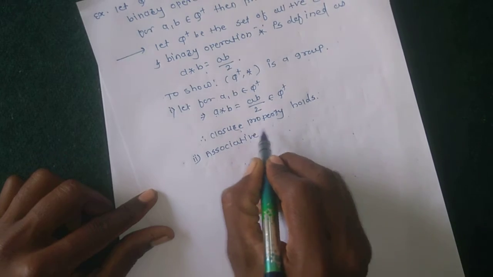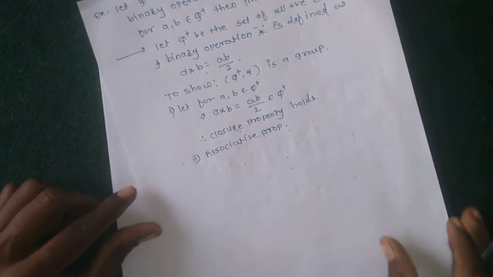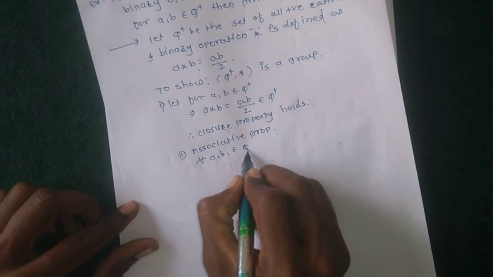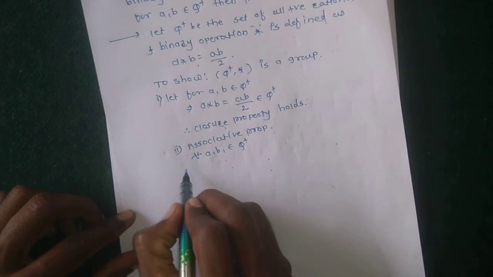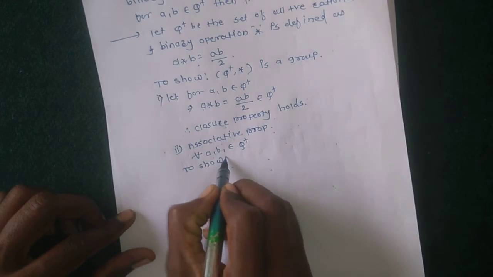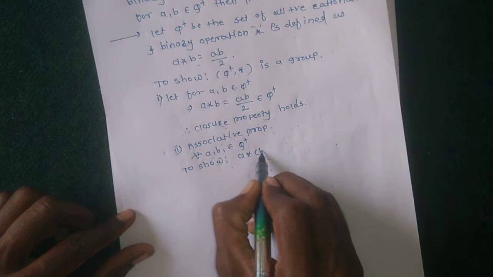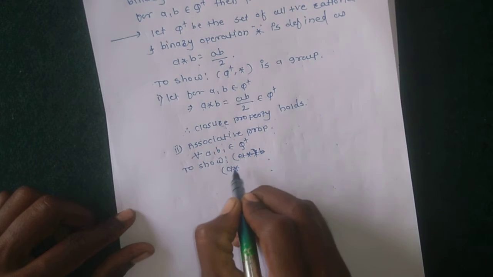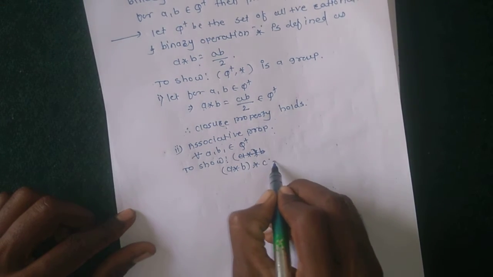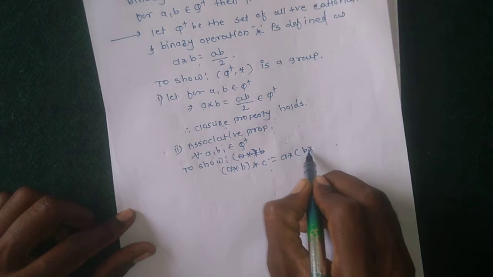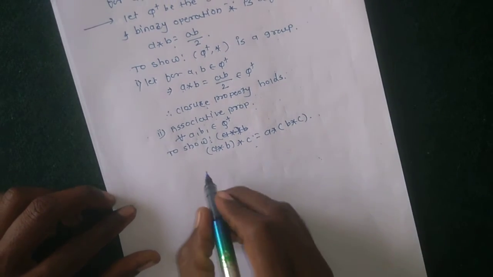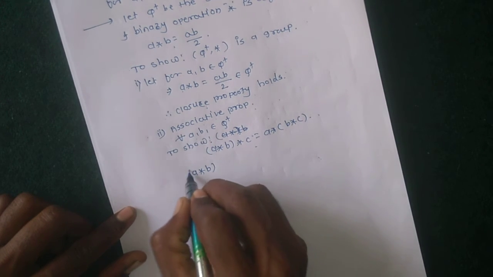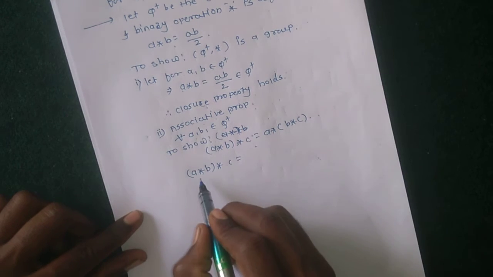Okay, the first property is closure, and the second property is the associative property. What is the associative property? For all a, b, c belonging to the set of positive rational numbers, we have to show that (a star b) star c equals a star (b star c). Firstly, (a star b) star c. What is the value of a star b?